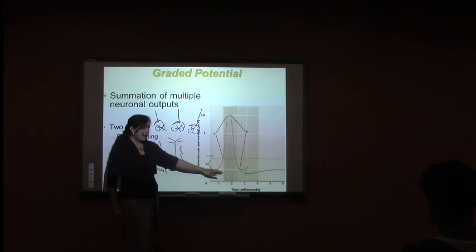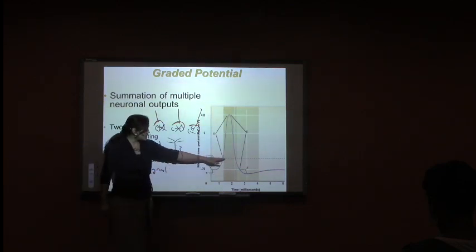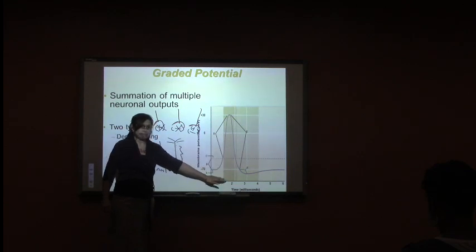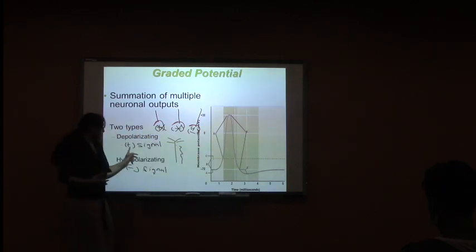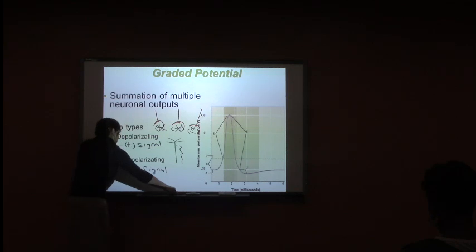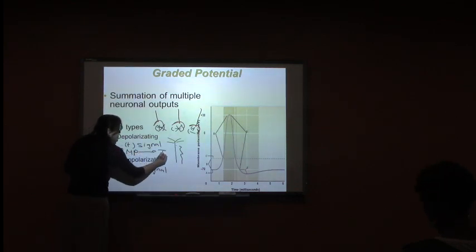If I give a depolarizing type of signal, does the membrane go towards threshold or away from threshold? It goes towards. You can't say up or down, it goes towards threshold. So depolarizing is a positive signal. The resting membrane potential goes towards threshold.